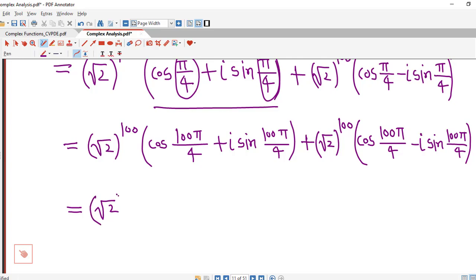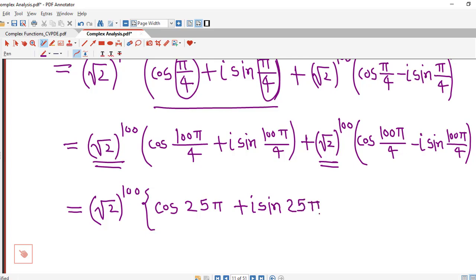Now in both the terms we have this quantity common, so we can take it outside, and inside the bracket we now rewrite as cos 25π + i sin 25π, and same thing here, 100 divided by 4 is 25π, minus i sin 25π.